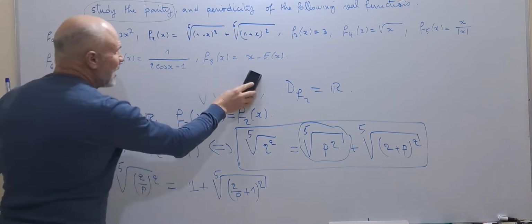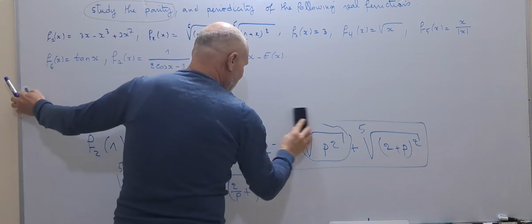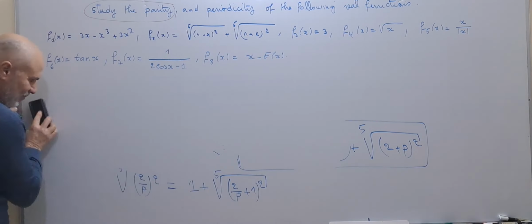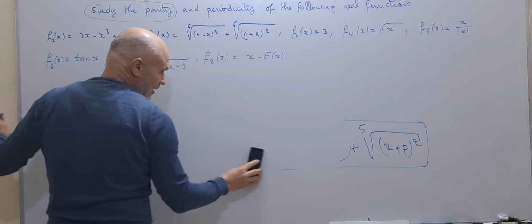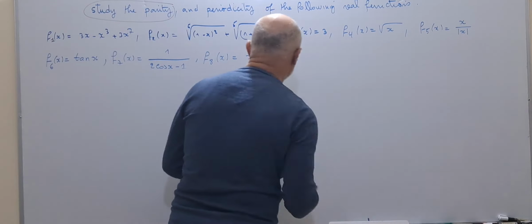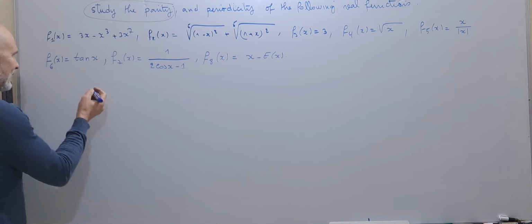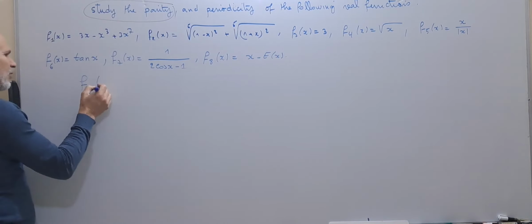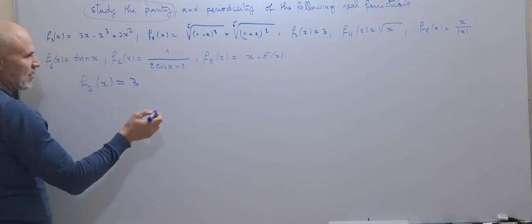How about f3? f3 is periodic, since all constant functions are periodic. f3 of x, which is equal to 3, is periodic.